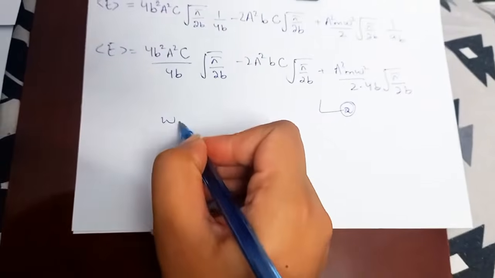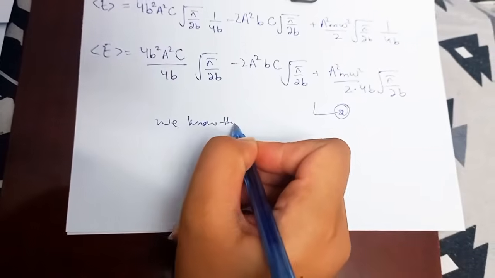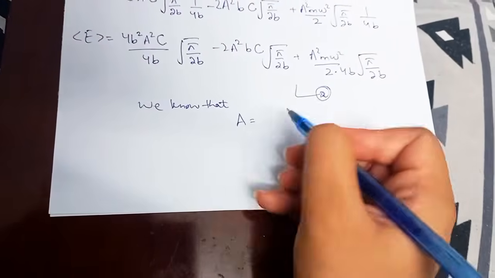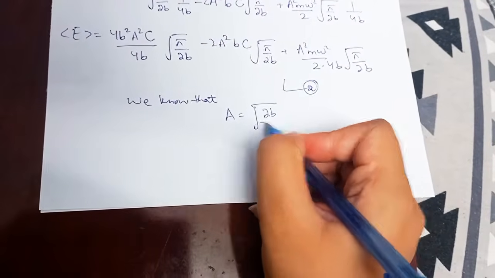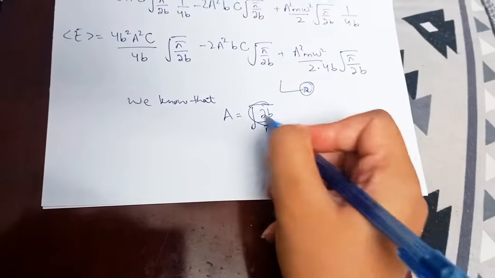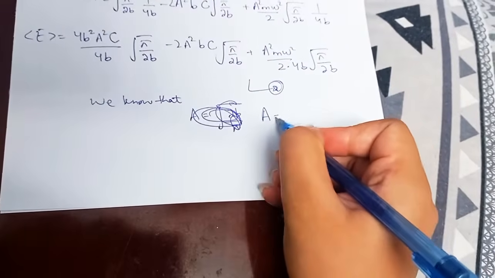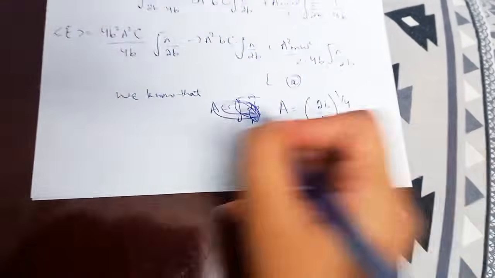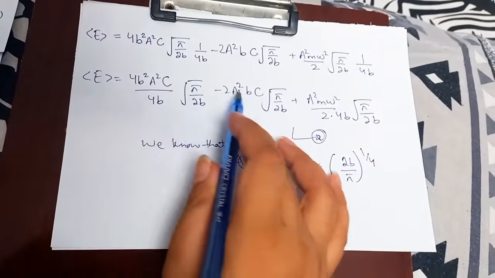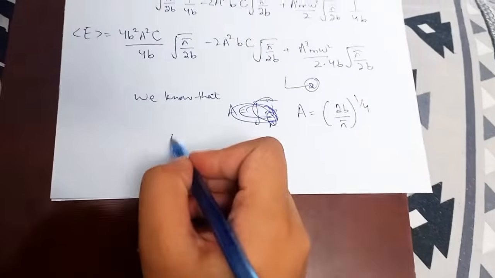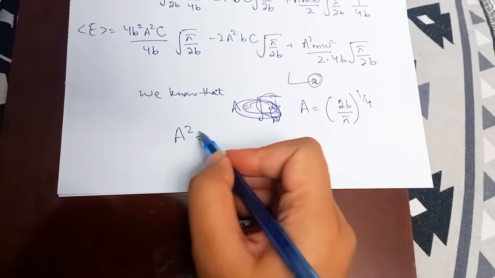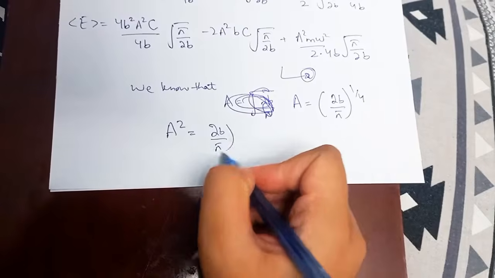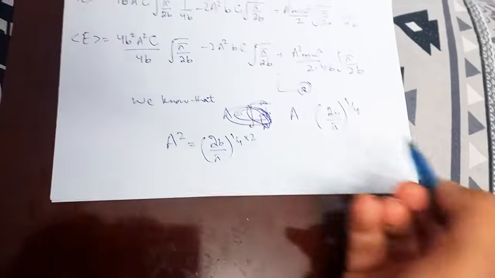We know that a was equal to 2b by pi power 1 by 4, and we can see here it's a square everywhere, so let's calculate it here. So a squared will be equal to 2b by pi power 1 by 4 multiplied by 2.